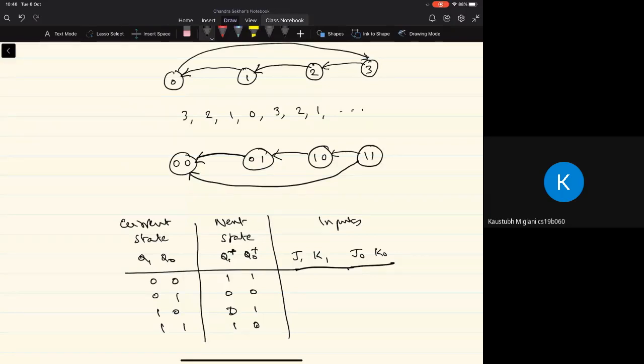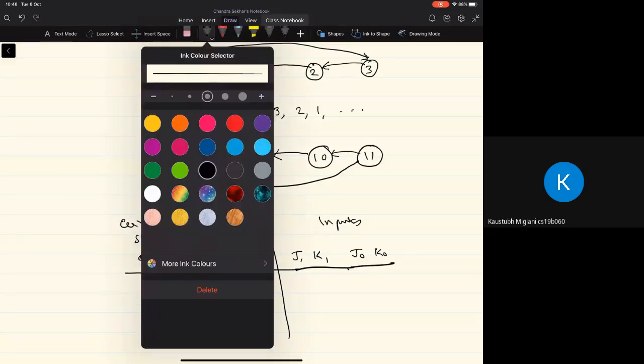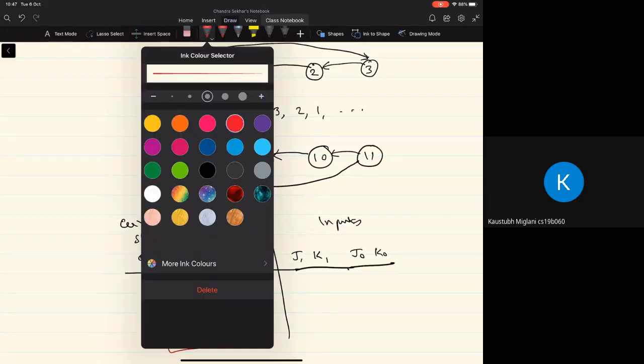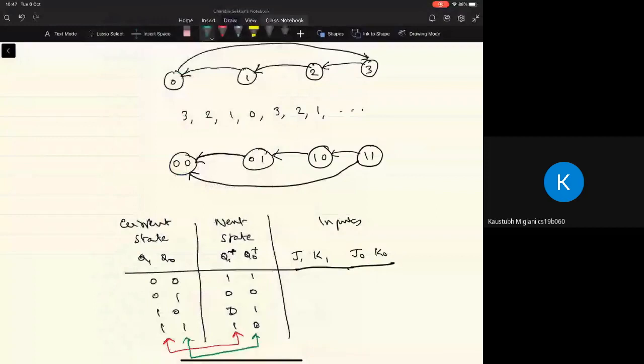I'll give you a couple of minutes to make use of the excitation table of the JK flip-flop, and first come up with the entries for J1 and K1, which will affect this change, right? Then I want you to come up with the entries for J0 and K0, which will affect the change from Q0 to Q0 plus.